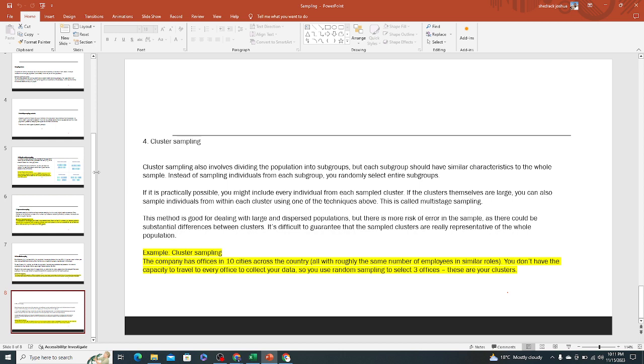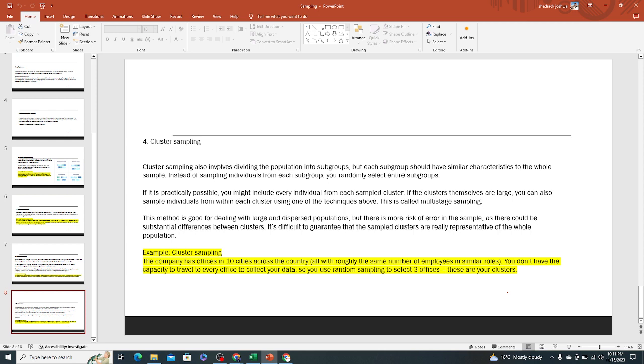So cluster sampling also involves dividing the population into subgroups, but each subgroup should have similar characteristics to the whole sample. Take note of this.